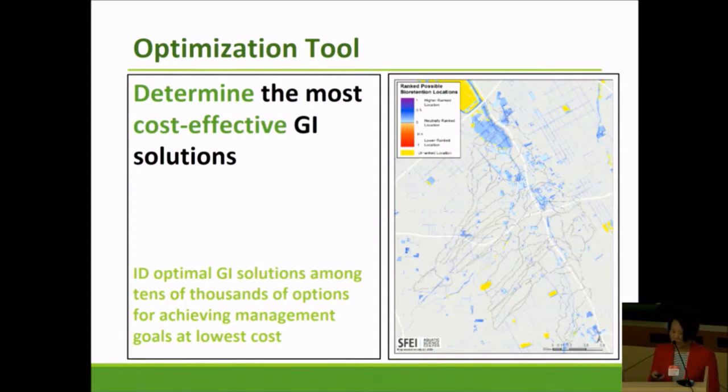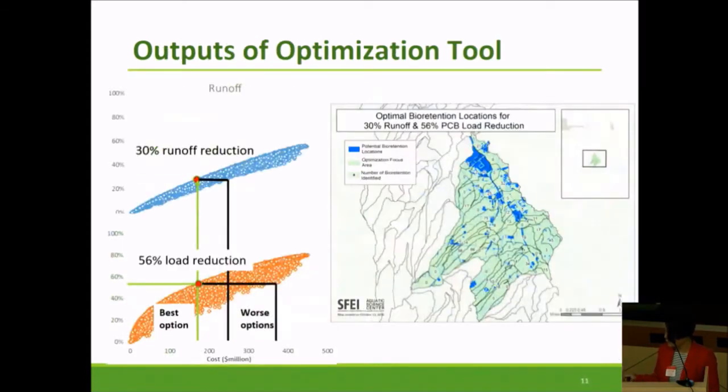The output from this tool is called cost-effective curves. This curve shows a relationship between the implementation costs and the various levels of runoff or pollutant reductions. Each dot represents a combination of green structure types, numbers, and locations.